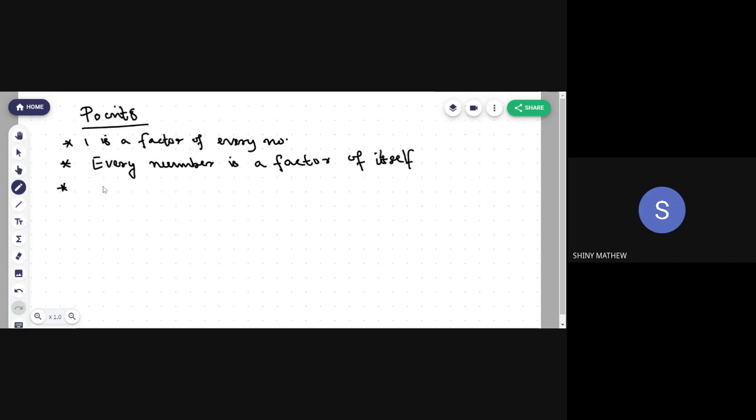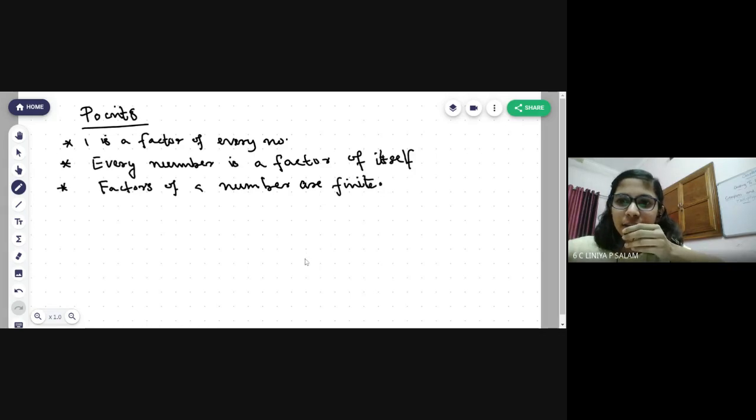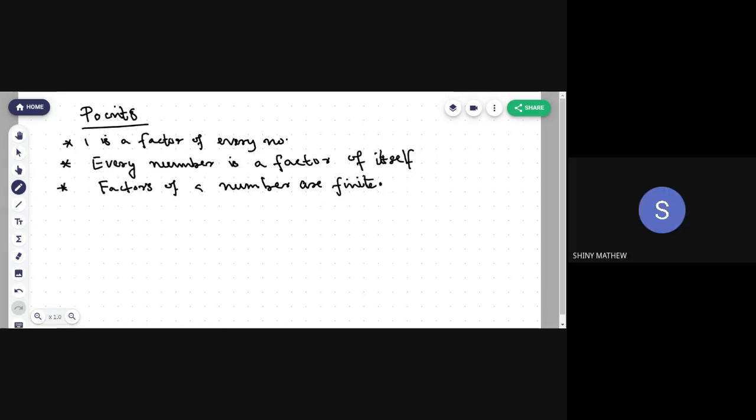So we can write: factors of a number are finite, not infinite. മൾട്ടിപ്പിൾസ് ഇൻഫിനിറ്റ്. എത്ര മൾട്ടിപ്പിൾസ് ഉണ്ടെന്ന് നമുക്ക് പറയാൻ പറ്റില്ല. ഫാക്ടേഴ്സ് പക്ഷെ നമുക്ക് എണ്ണിയെടുക്കാം.